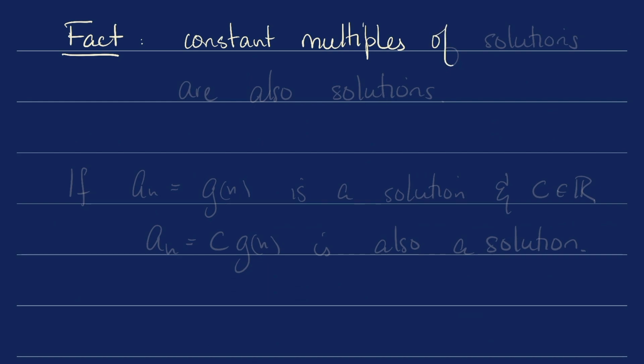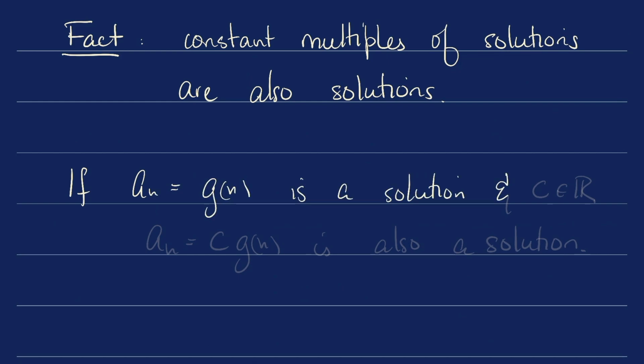Fact: constant multiples of solutions are also solutions. If a_n is equal to some function g of n is a solution and c is some real number, then a_n is equal to c times g of n is also a solution to the same recurrence relation. Let's talk about how this would work.